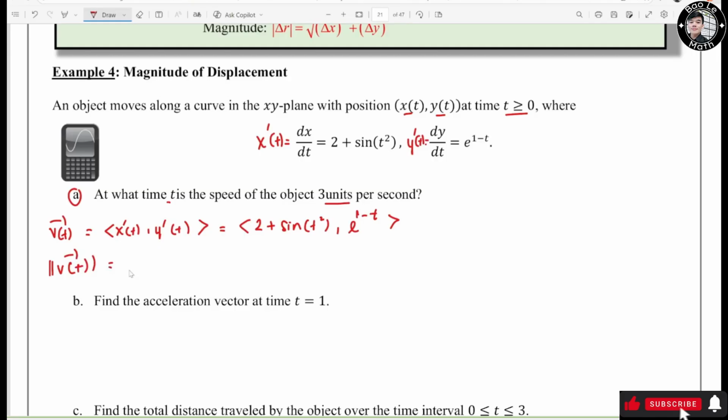And it's going to be the square root of (2 plus sine t squared) all together squared plus (e to the 1 minus t) all together squared. And we're going to let this one equal 3, right? So we're going to square both sides.